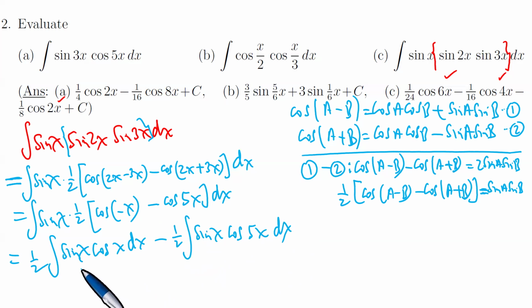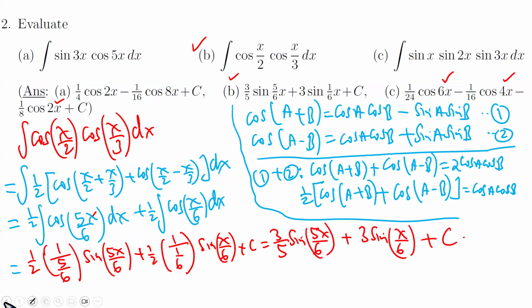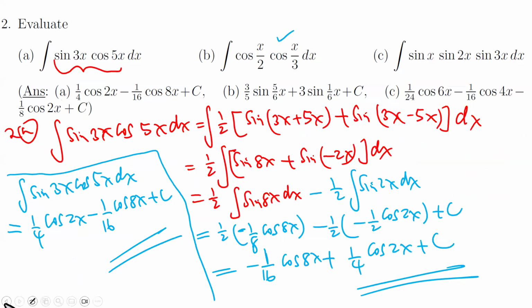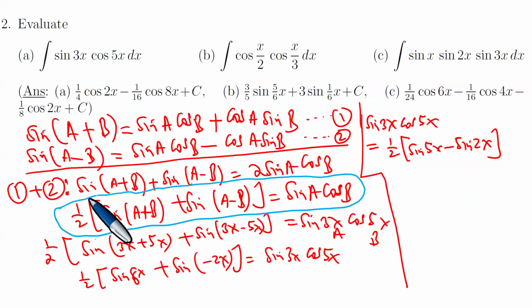So now we're back to the sine cosine. What is the rule about sine cosine? This is the formula. Sine cosine is half: you add the two angles and then you subtract them, the angle for the sine minus that of the cosine.